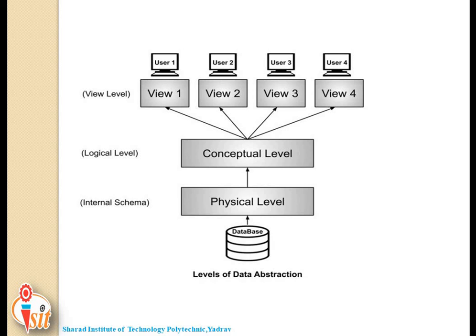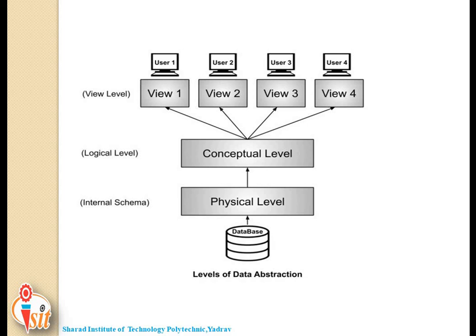This level describes the user interaction with the database. In short, the physical level describes how data is actually stored in the database, the conceptual level describes what data is stored in the database, and the view level describes user interaction with the database system.